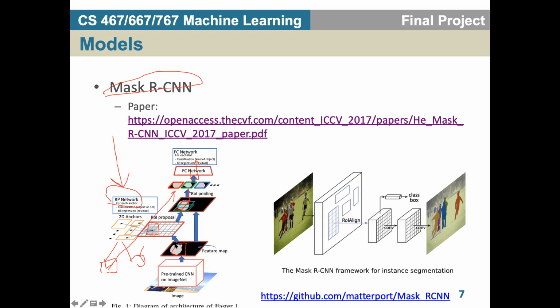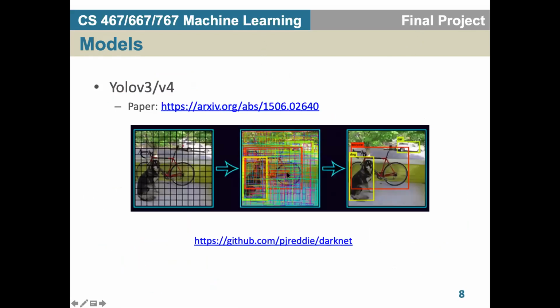First, catch those places where there could be an object, and then throw them to another model where you adjust the location to bound the object more accurately, and also determine what's in the object. So there are the box and the class, and the box and the class, four heads already. If you have a mask, then there are five heads. So this is Mask RCNN.